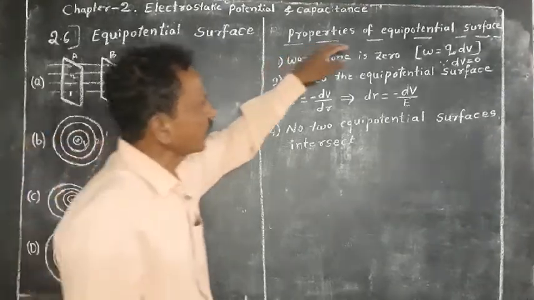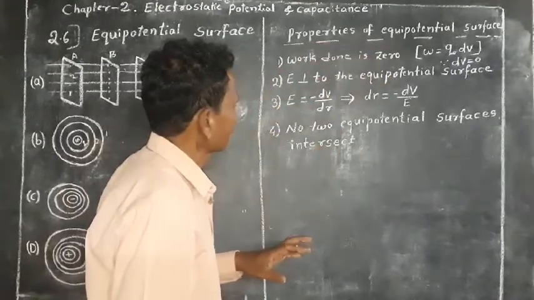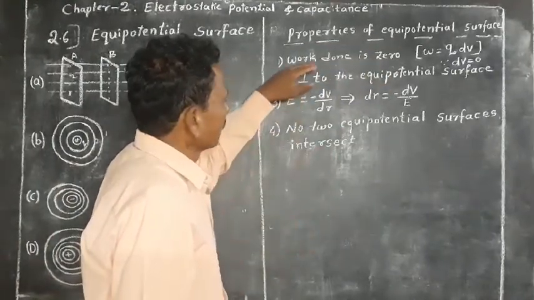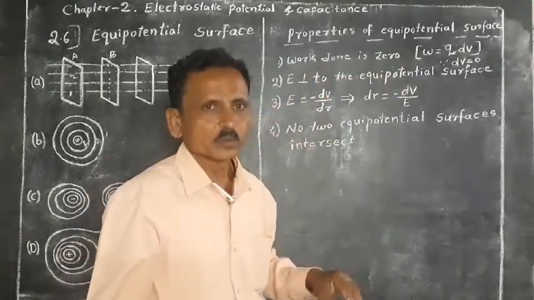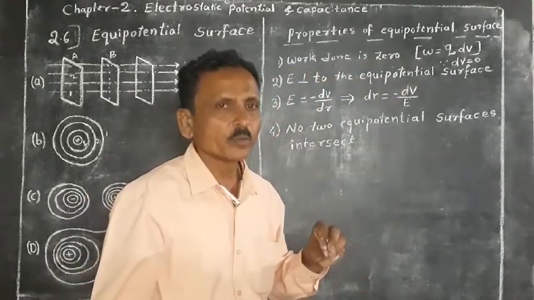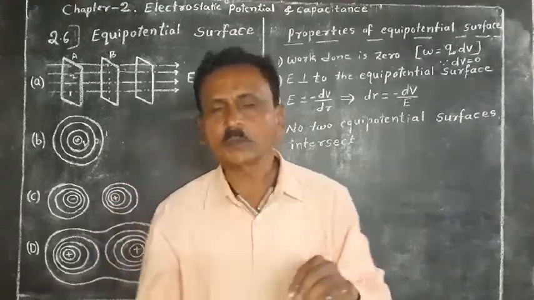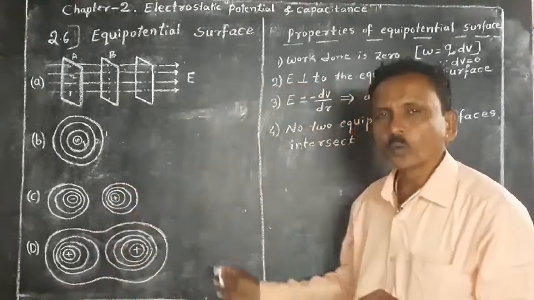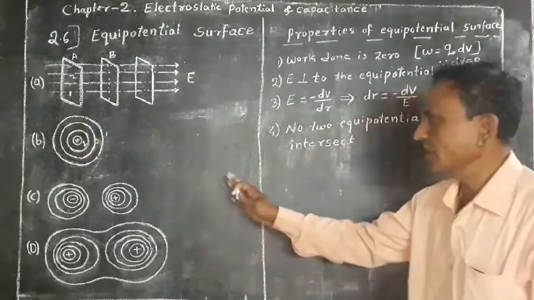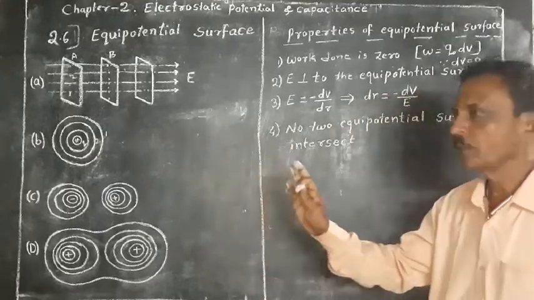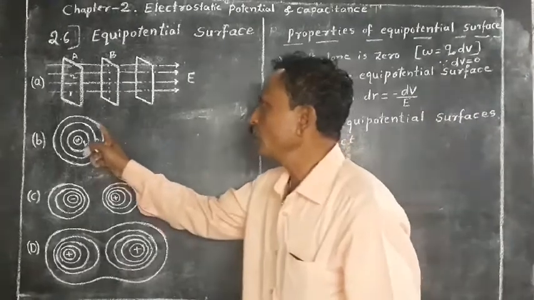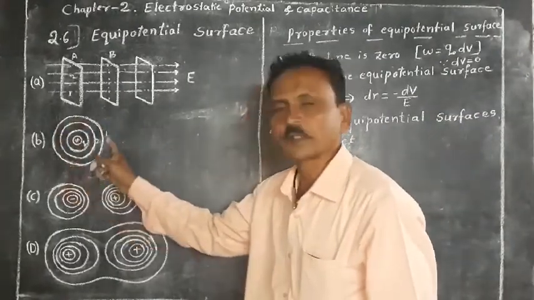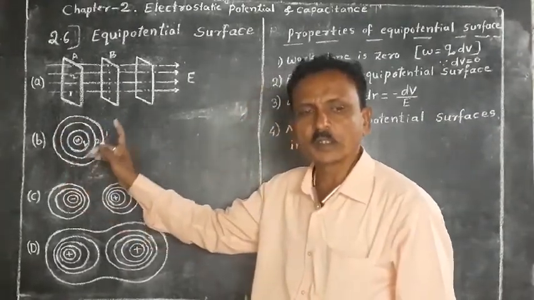And properties of equipotential surface. Number 1, work done is 0. Work done in moving a charge from one point to another point over an equipotential surface is 0, because there is no potential difference between any two points on the equipotential surface, hence work done is 0.